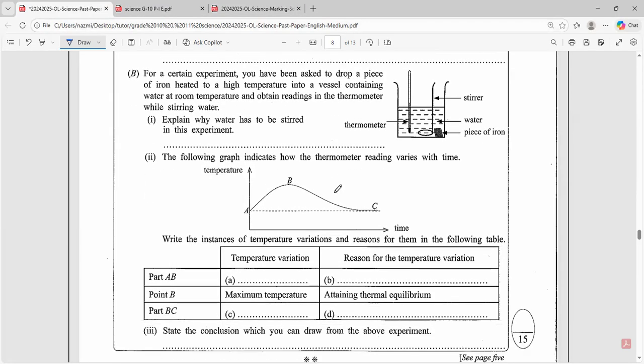Now B part. Explain why water has to be stirred in this experiment. That is to maintain a stable temperature. Or uniform temperature.